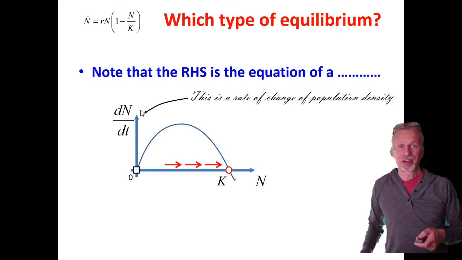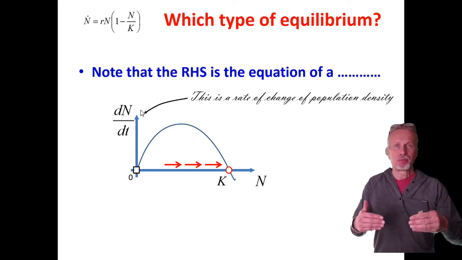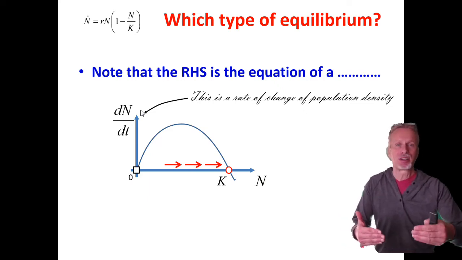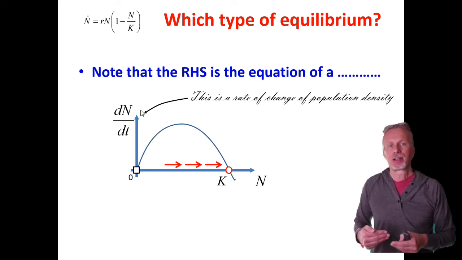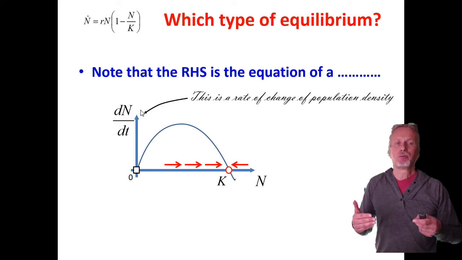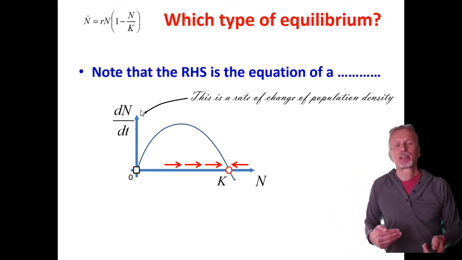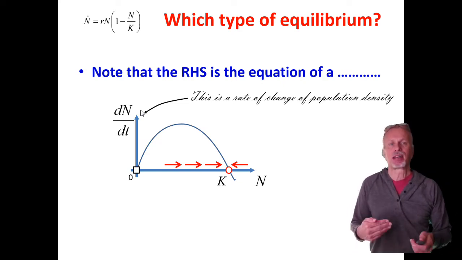So if dN over dt is positive, that means the population tends to increase, right? I have more individuals at the next time step than I had today. But if we exceed K, the carrying capacity, dN over dt will be negative. So I will have fewer individuals tomorrow than I have today.